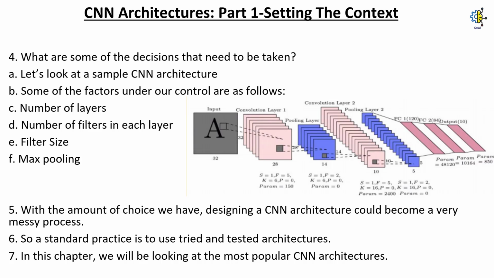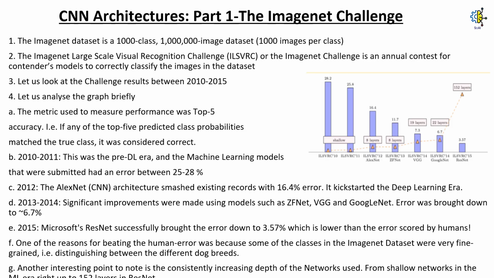Some of the factors under our control are as follows: number of layers, number of filters in each layer, filter size, and max pooling. With the amount of choice we have, designing a CNN architecture could become a very messy process. So a standard practice is to use tried and tested architectures. In this chapter, we will be looking at the most popular CNN architectures.